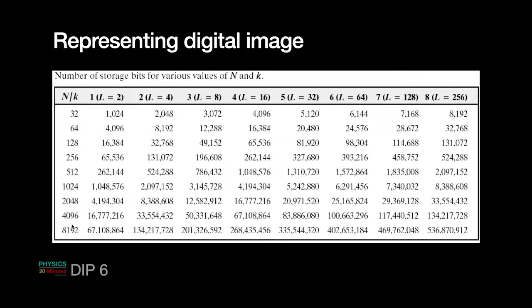If you are using an 8-bit coding, that means you are using 8 bits to represent each pixel, then this is going to be your memory requirement. These many bits are needed: 5.38 into 10 power 8 bits.